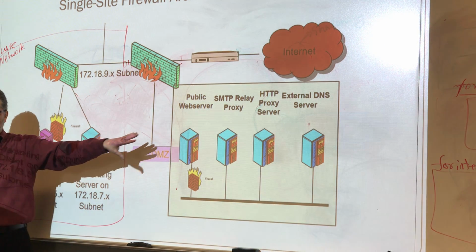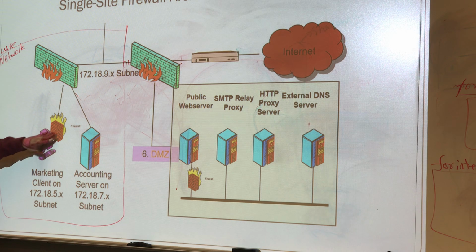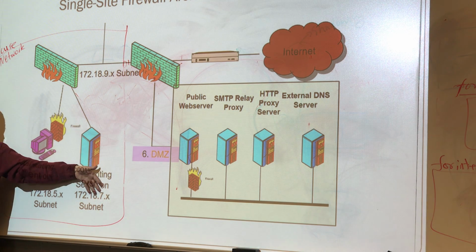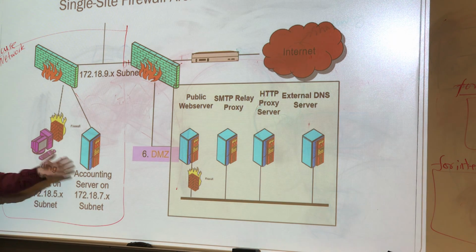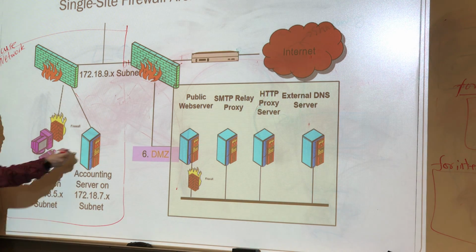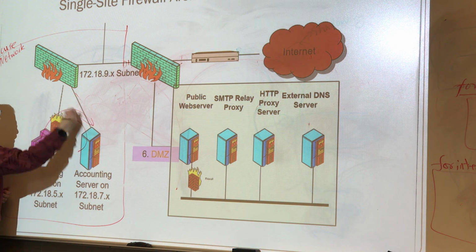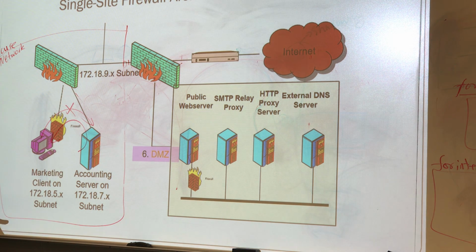So, for example, this firewall will never allow initiating traffic from marketing to accounting, but it will allow accounting to inquire. This is okay, but this is not okay. That's an internal DMZ. It's not okay because I don't want anything to initiate.